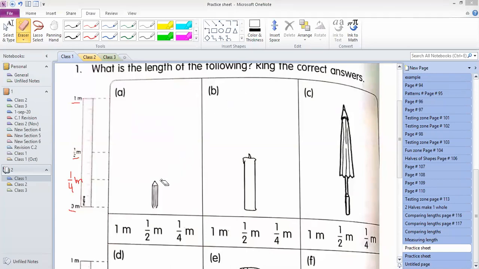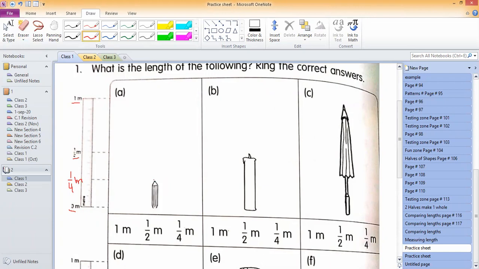All right, guys, what you have to do is find out the length of the following: the pencil, the candle, the umbrella. How will you find out? You will check it with the ruler and then you will tell the answer. One, I'm going to do for you, and then you will help me complete the others. Look at this pencil.